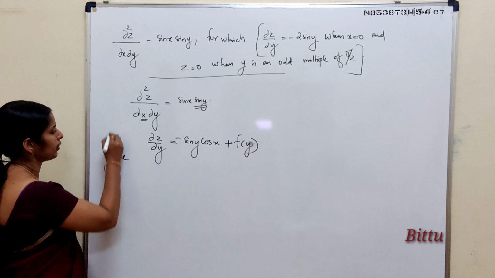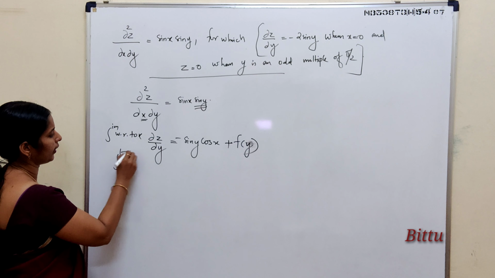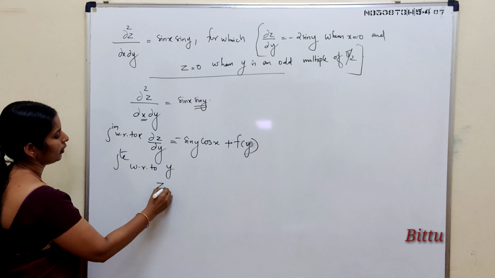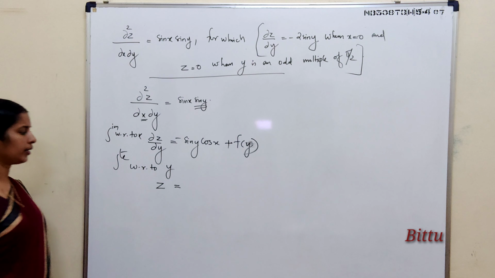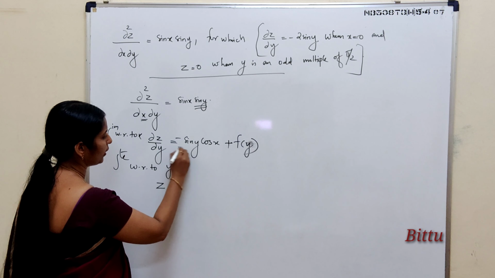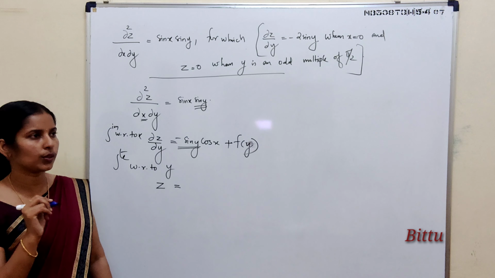Again you integrate. Next you integrate with respect to y. Its integral is z. We are integrating with respect to y, so we have to integrate sin y. What is its integral? It is minus cos y.